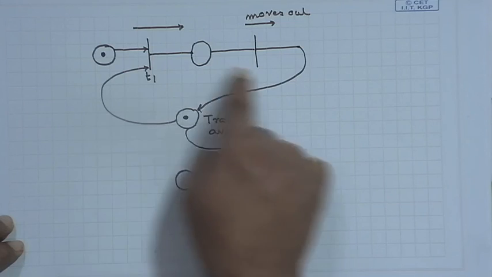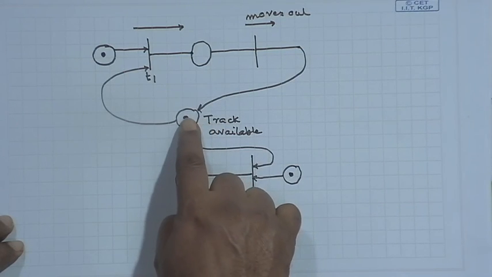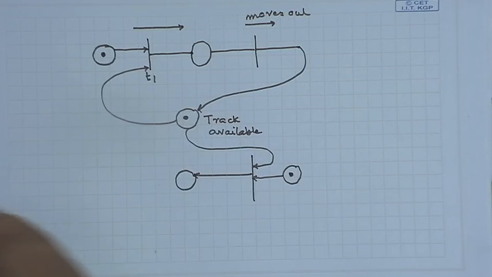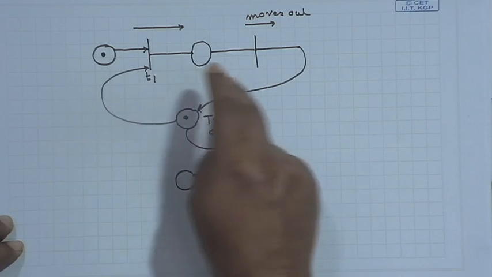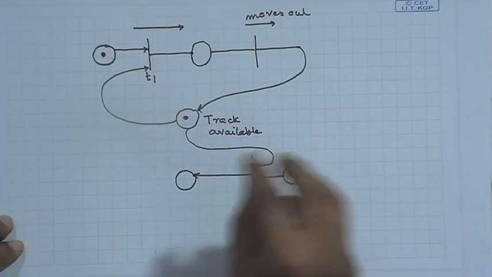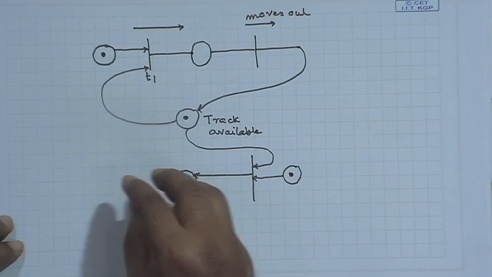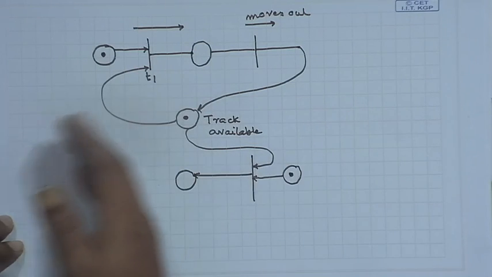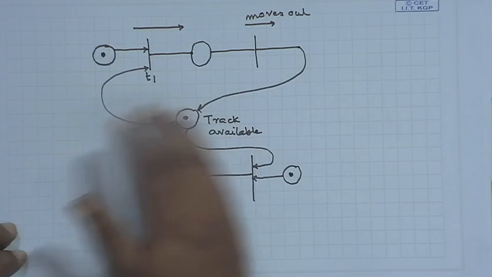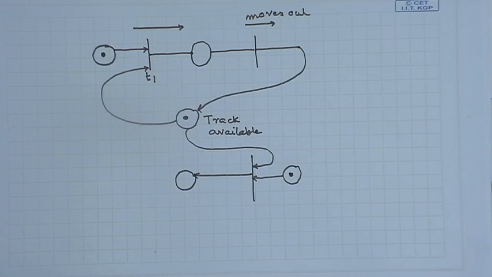Does my design allow that the track will be ultimately available for all the trains to pass? Is it the case that all the processes will get the necessary resources so that they can run to completion? That is a liveness property. So, all these can be analyzed very nicely using Petri net representation.